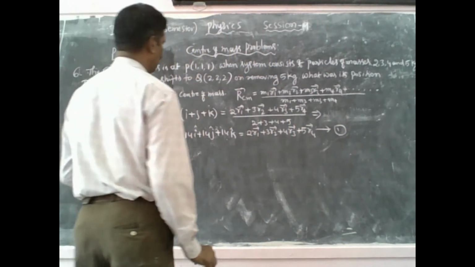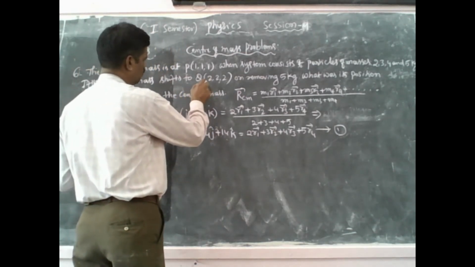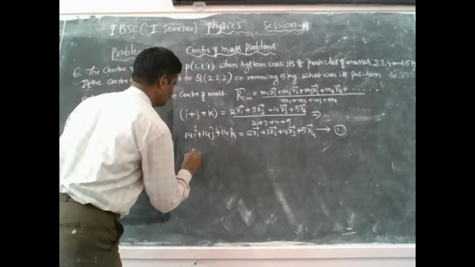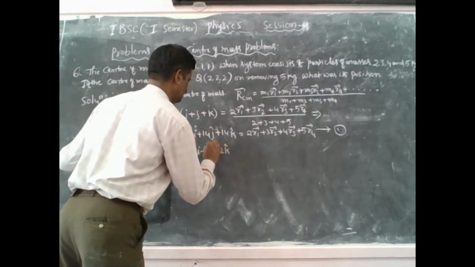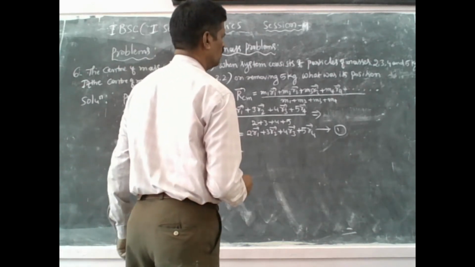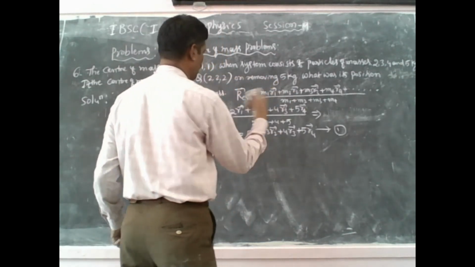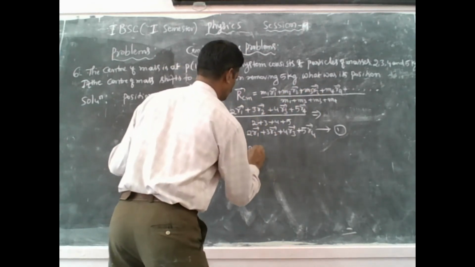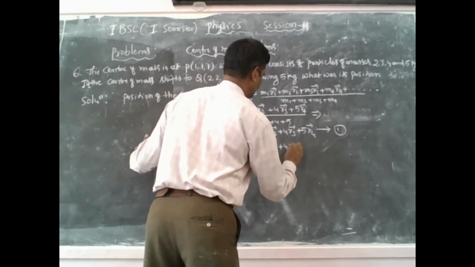And then coming to the next equation, the position of the center of mass at point Q is 2I plus 2J plus 2K, isn't it? On removing 5 kg, what are the remaining values? 2R1 plus 3R2 plus 4R3.